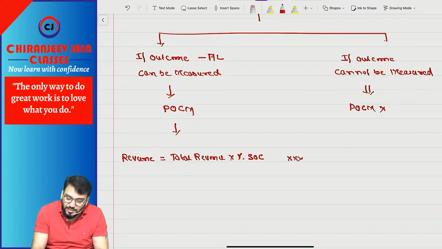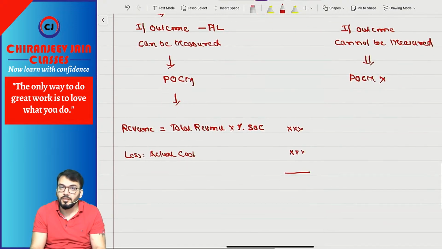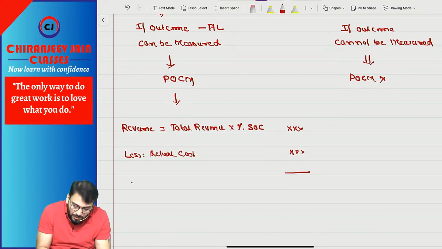From this we deduct the actual cost incurred during that year. And this will be profit or loss up to the reporting date.